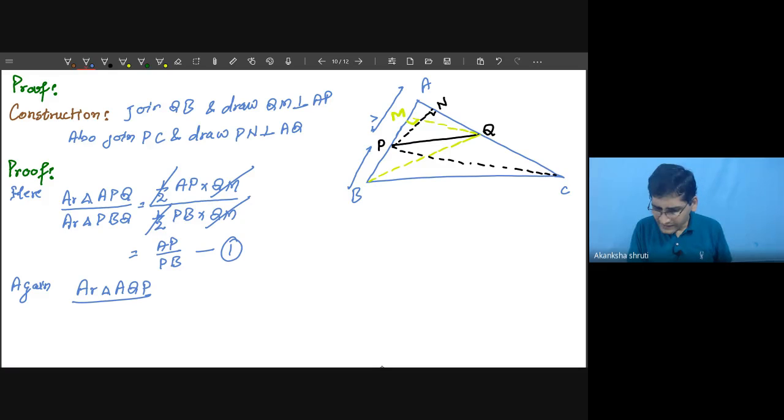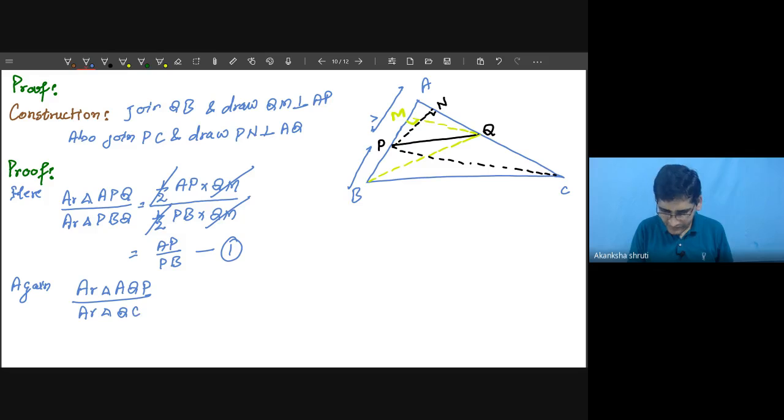And the other, with QC we are interested. So we shall write the next one as area of triangle QCP, or QPC we may take.